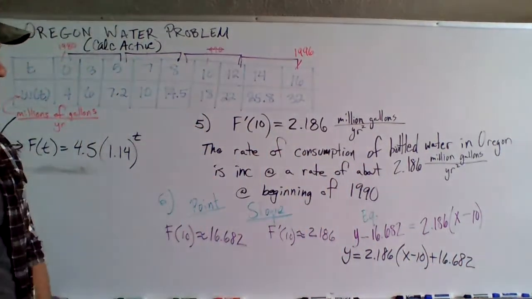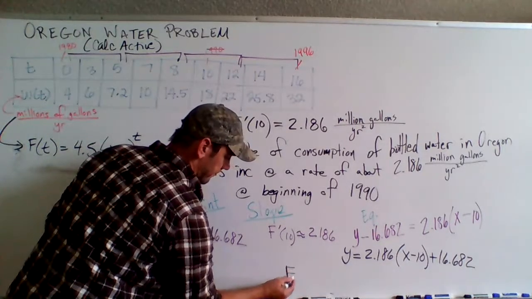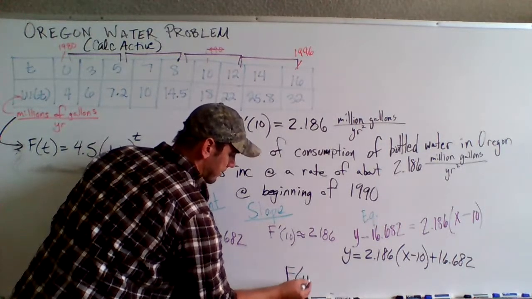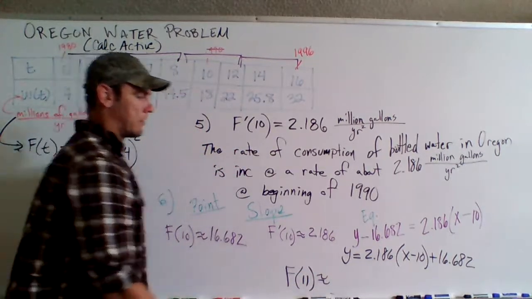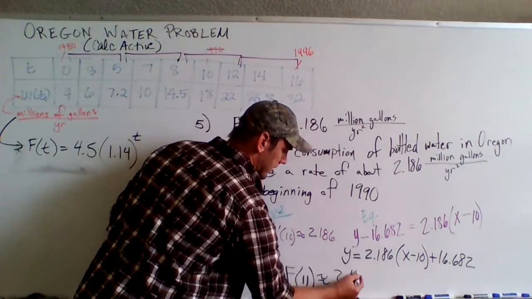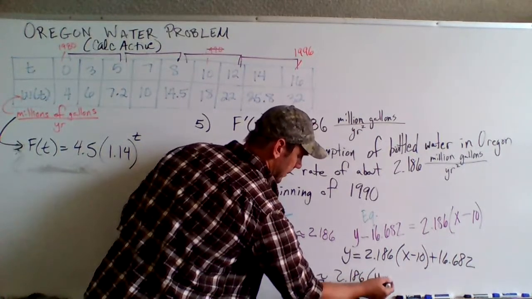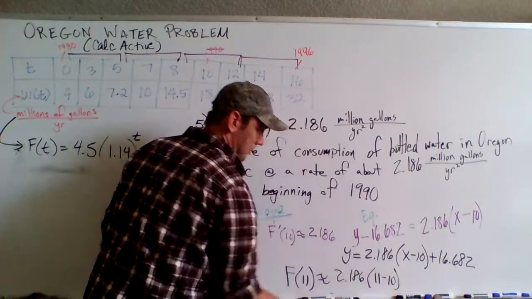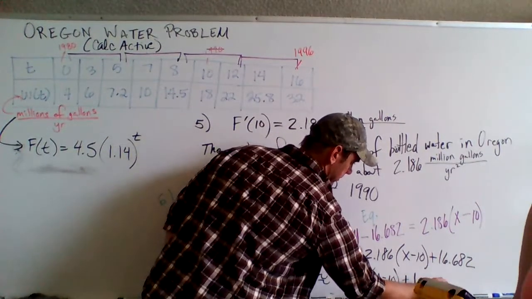Now if I want to approximate f of 11, remember this is not the value of f of 11, we're approximating f of 11. So f of 11 should be about 2.186 times 11 minus 10, which is just going to make 1 there, plus 16.682.